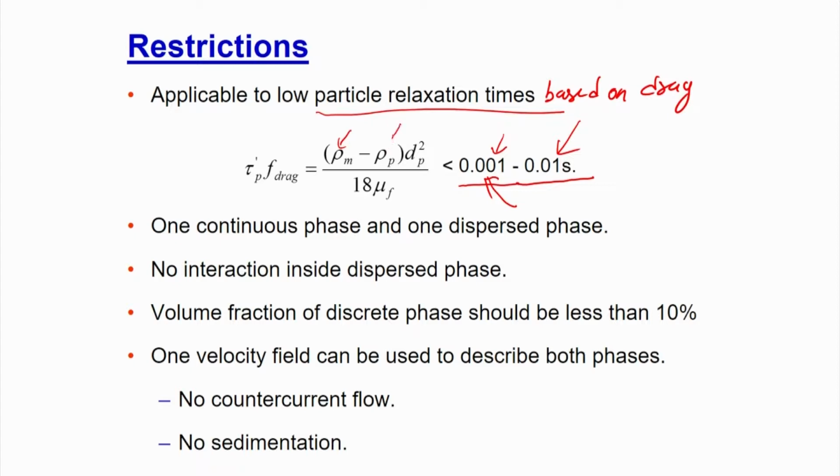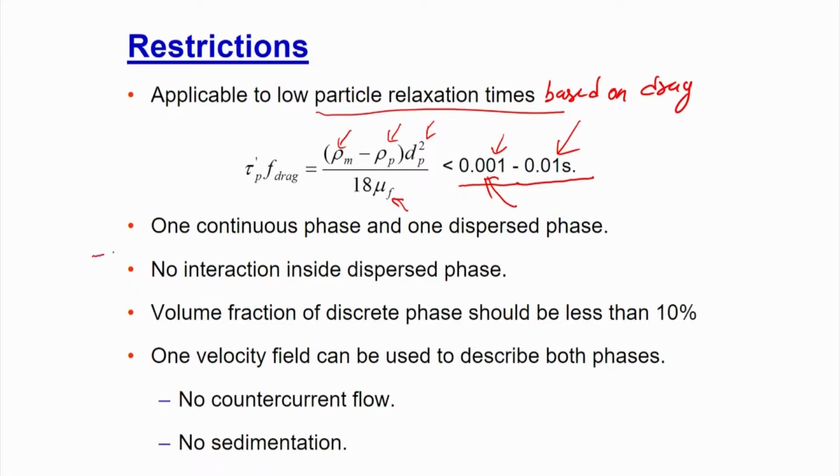If you know the density of the discrete phase, and roughly what the size of your discrete phase particle or bubble should be, it can be a bubble, a droplet, or a particle, you can calculate mu f if you again have some idea about the volume fraction. If it is less than 0.001, or less than 0.01, you can use this model, but above that, the applicability of this model is really low and the accuracy will be very low.